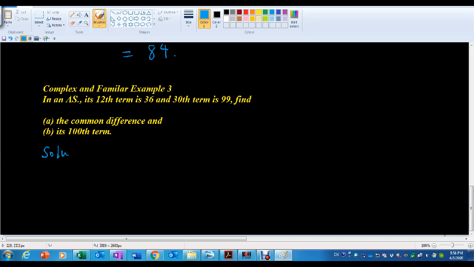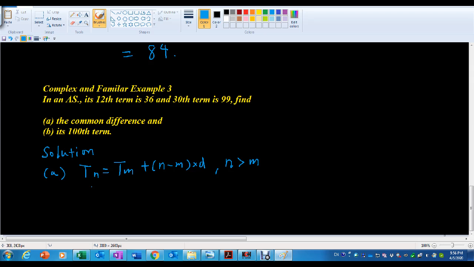Okay, let's do it. Solution A. How can we find the common difference? Still, we are going to apply the generalized explicit rule, right? So Tn equals Tm plus (n minus m) times d. Remember, n must be greater than m, right?